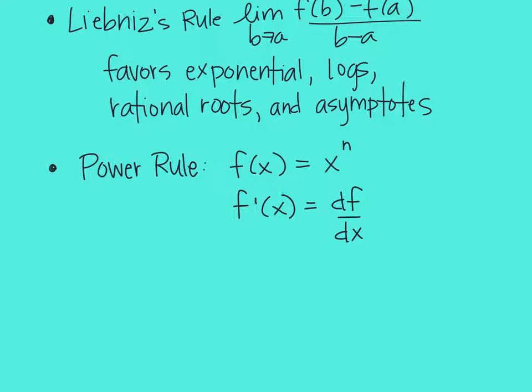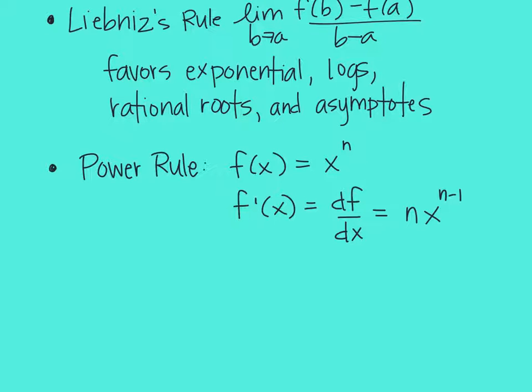Leibniz would read df over dx, or the derivative of f with respect to the variable of x. And then the rule went like this. The power was pulled to the front, so it became n multiplied by x. And then the x was reduced in its power by a value of 1. So that's the power rule.